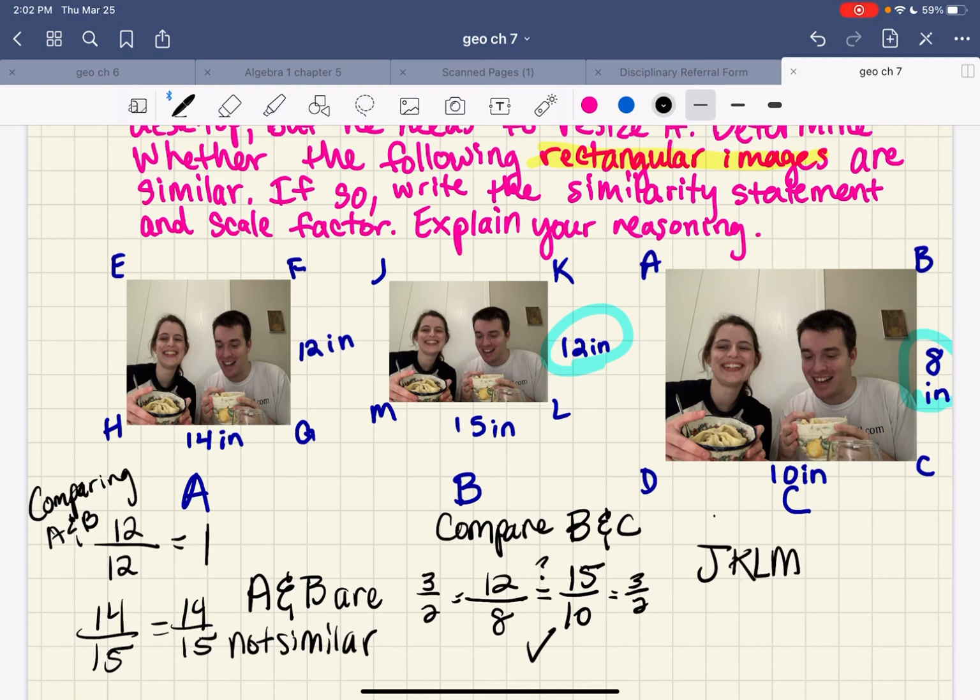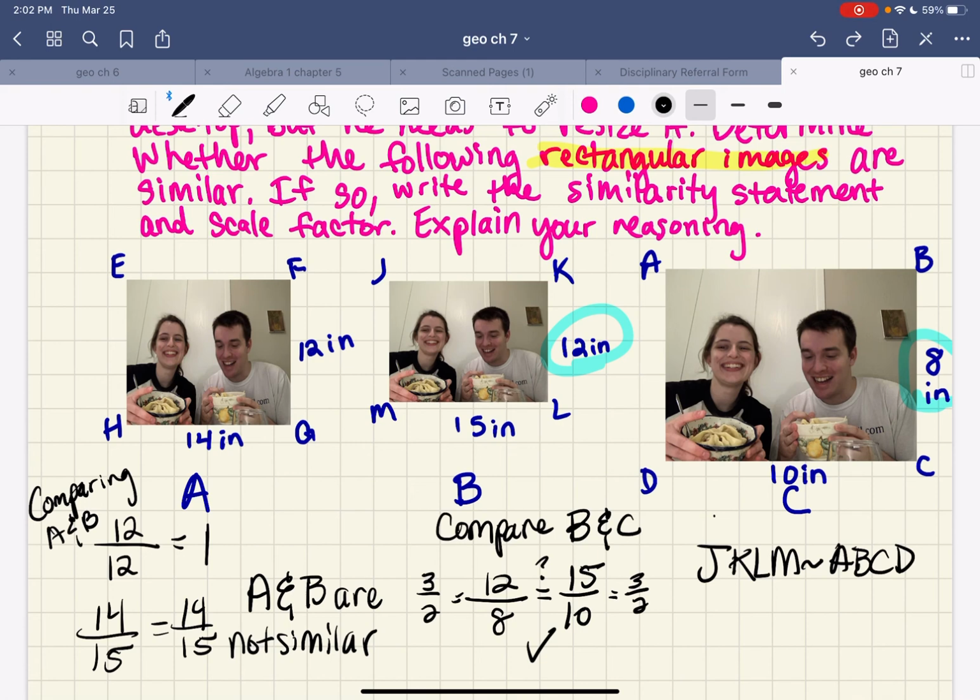JKLM is similar to ABCD. And the benefit of doing that instead of just saying like, oh, option B and option C are similar is that we get to see what those corresponding parts would be, okay? So that is how you check for that similarity, okay?